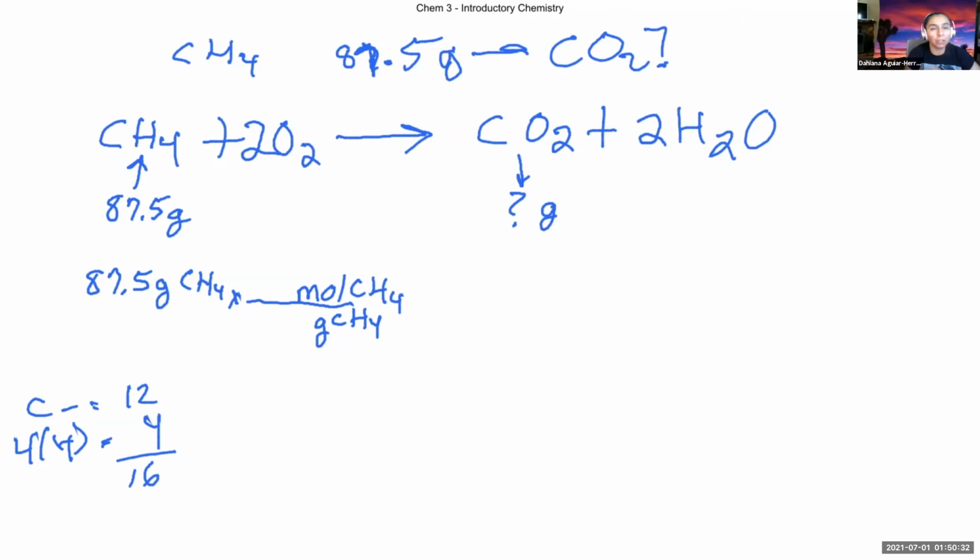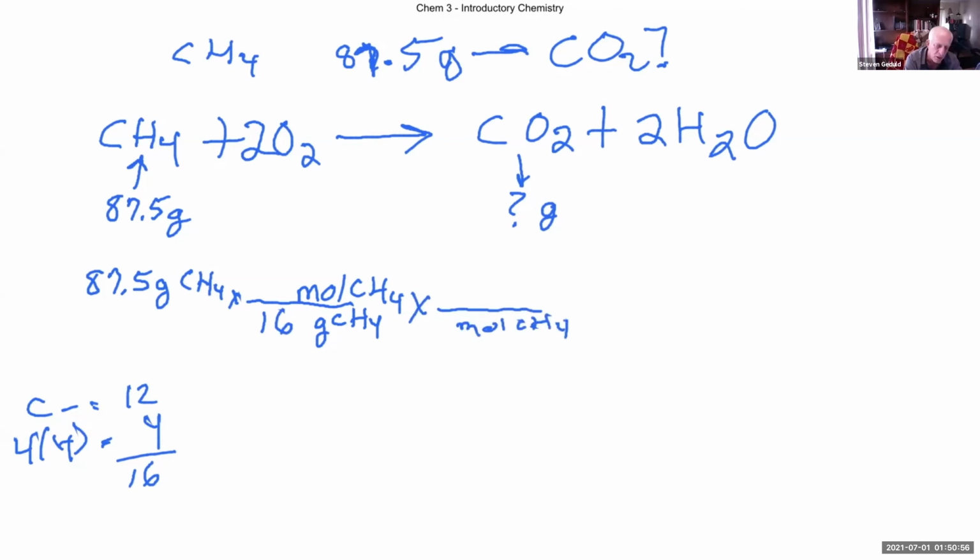There's no oxygen in methane, only carbon and hydrogen. Because the grams cancel, I got moles of methane. So moles of methane go on the bottom.